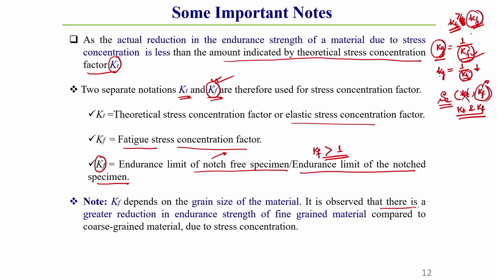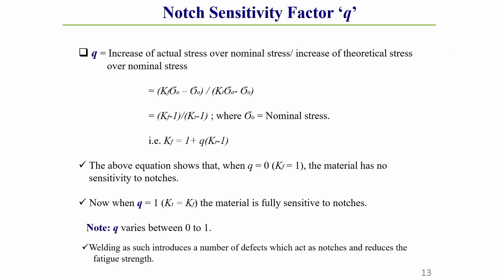It is observed that there is a greater reduction in endurance strength for fine grain material, because fine grain material has more stress concentration effect than coarse grain material. The fine grain has a higher Kf value than the coarse grain structure. Keep this in mind. It also depends on the grain size.